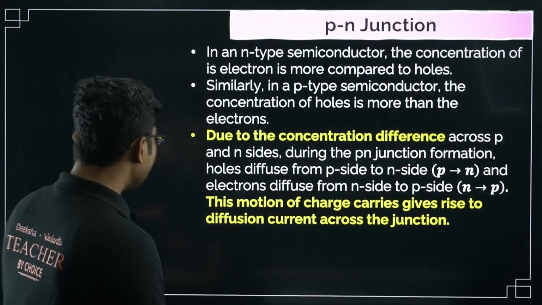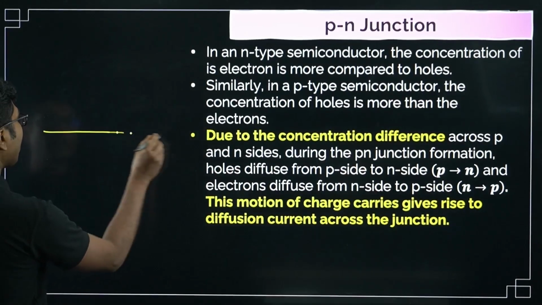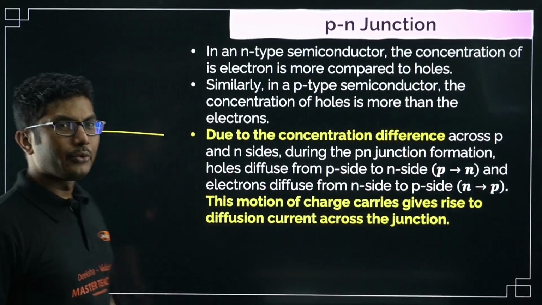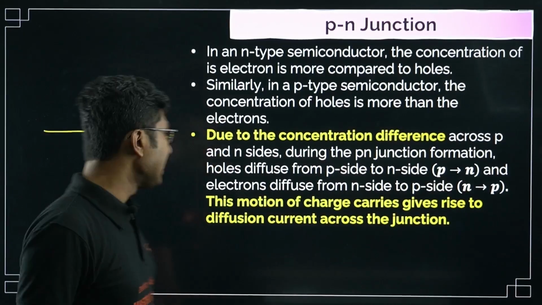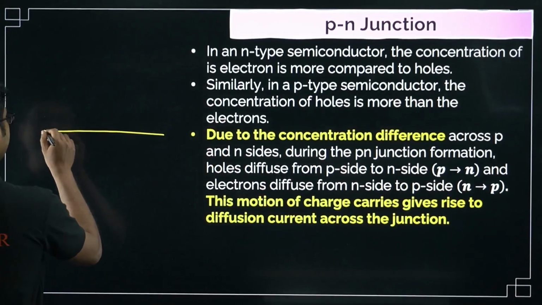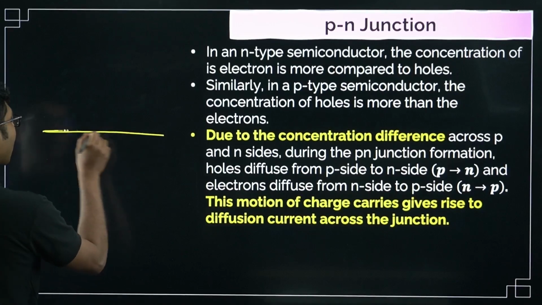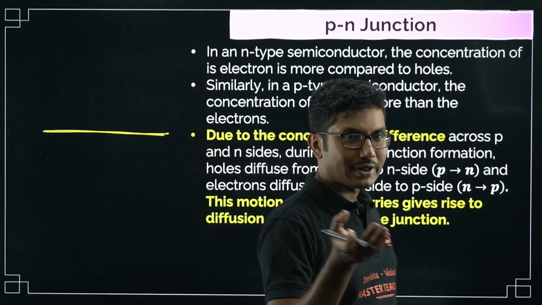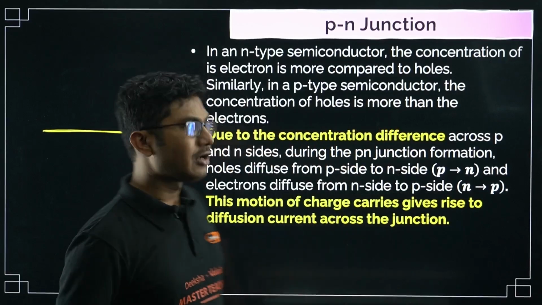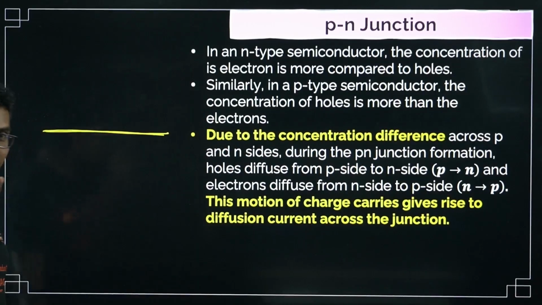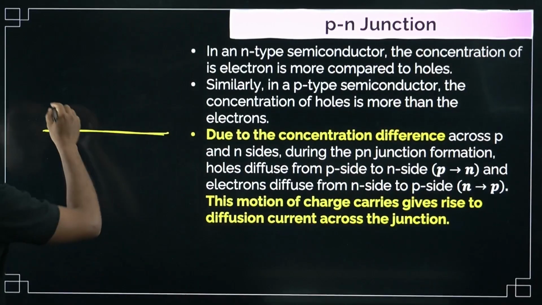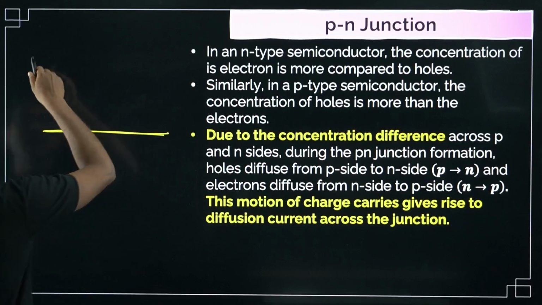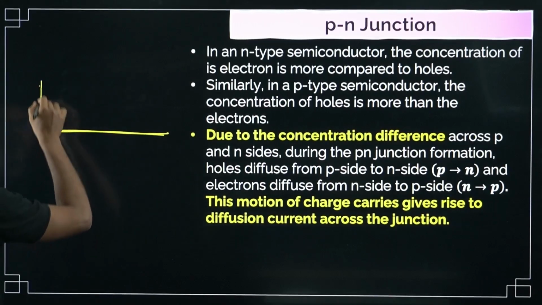So let me tell you briefly how they are formed. Generally there are many ways to do it. One of the easiest ways is to take one single silicon wafer. Wafer means the same thing that you eat as a wafer, a very thin piece of silicon, but it is not edible. So you take the wafer and you start adding the dopant.